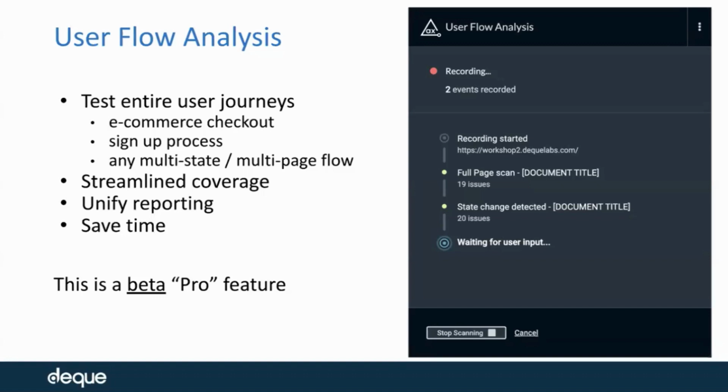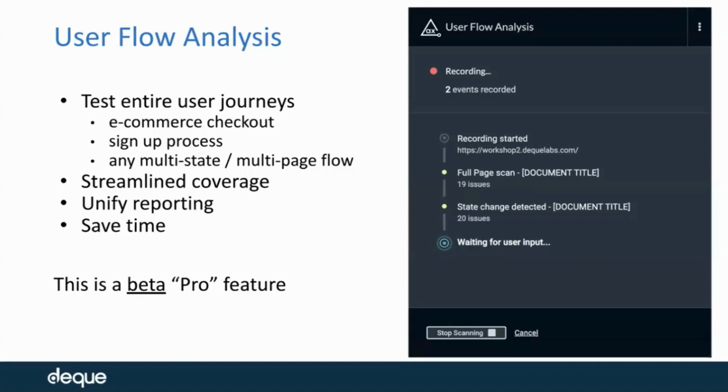But each one of those pages probably has many states, like you submit the billing information form with an error. You want to handle those error states. You want to cover that with automation as well. So this actually goes beyond even what you were able to do realistically with existing feature sets without getting too crazy with the setup of saved tests. So really excited to help you streamline that coverage.